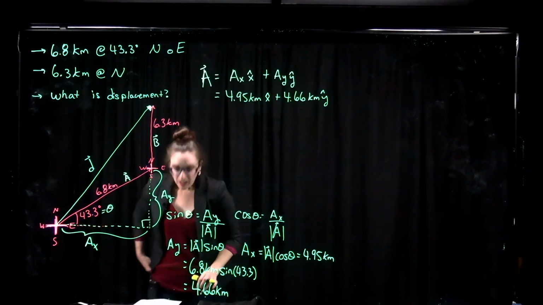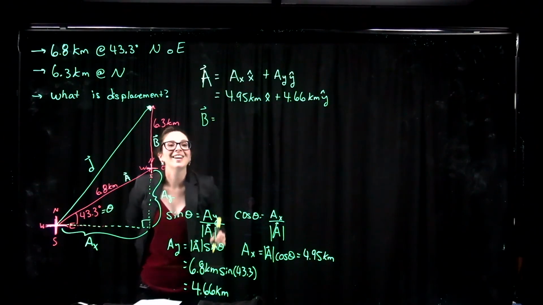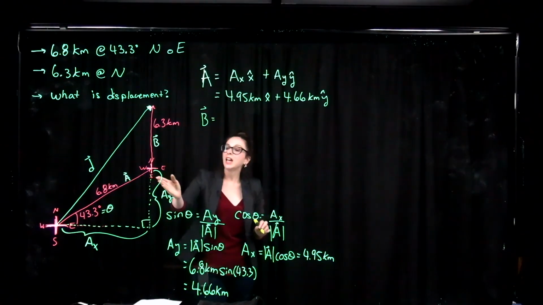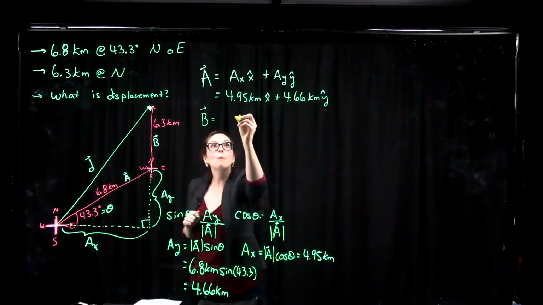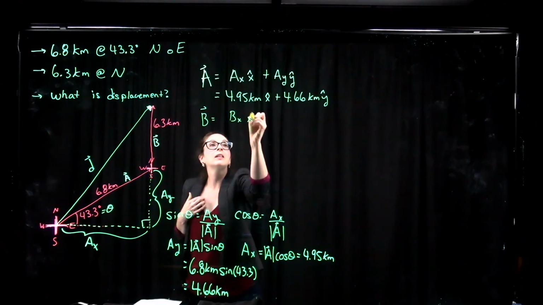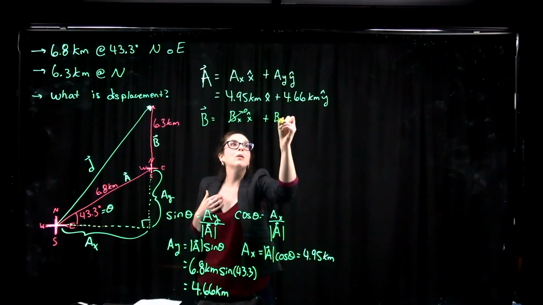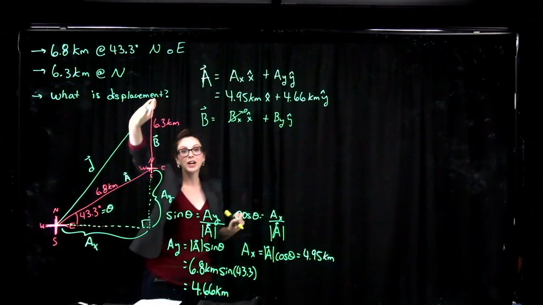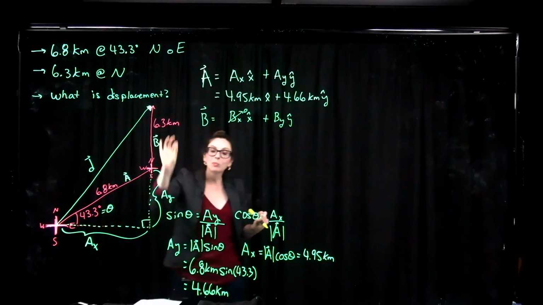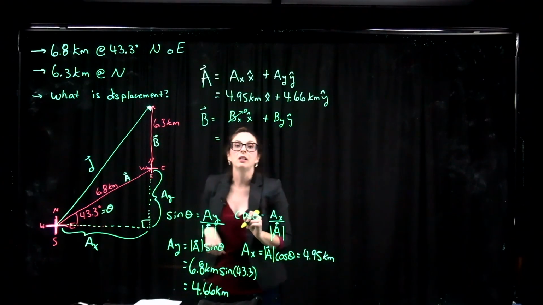Now my B vector is actually a lot easier. B vector, it's vertical. It does not have an X component. So BX component is 0. BY, though, is non-zero. And since this entire vector is only in the Y component, BY is going to be the full 6.3 kilometers.